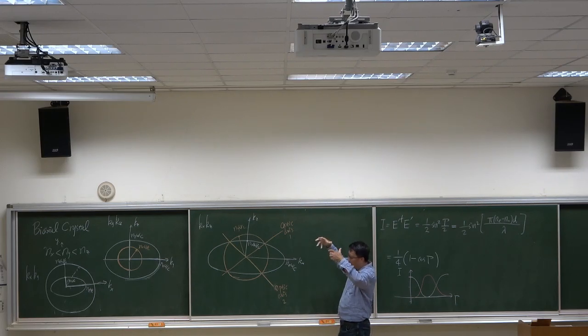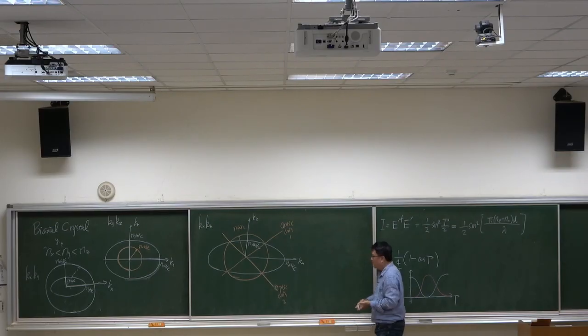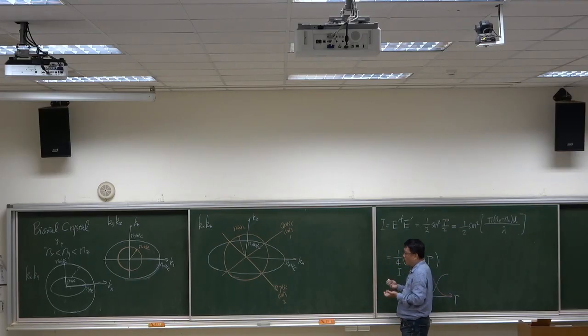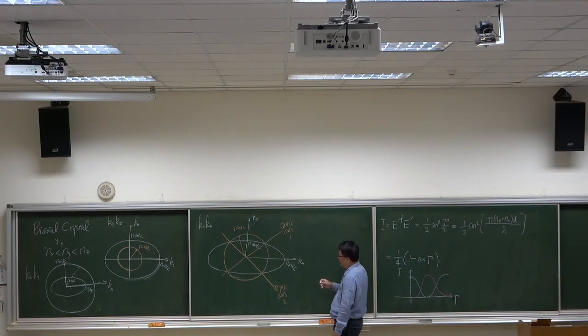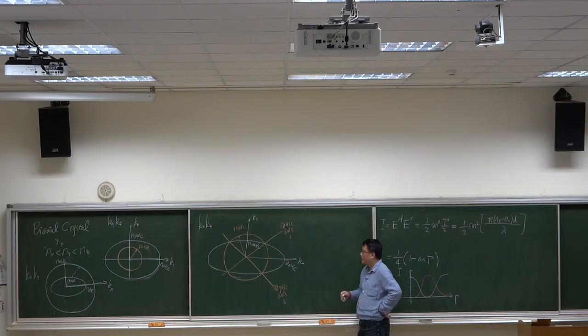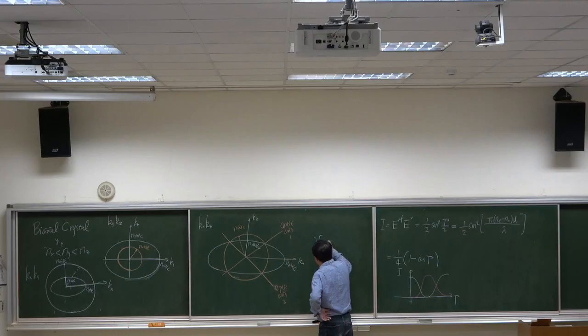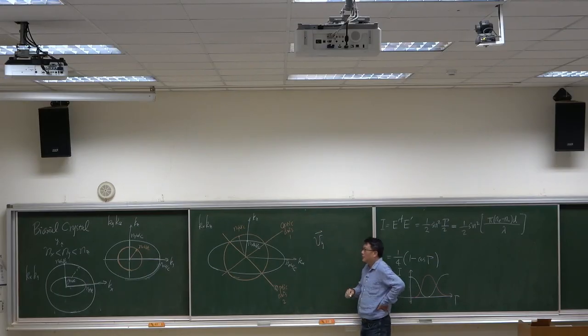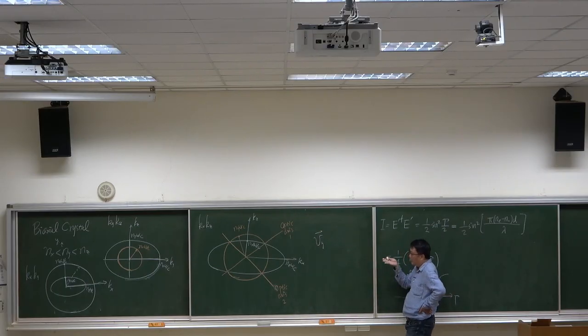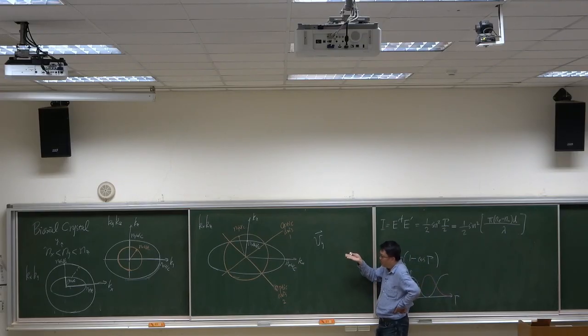gradient of the omega form of the normal surface, and then we will know which direction the light propagates. So we have already introduced the idea of group velocity, which is the direction along which the light beam or energy propagates.